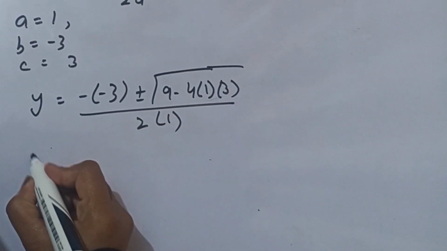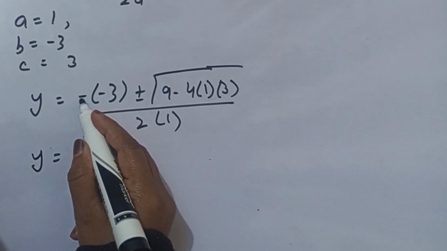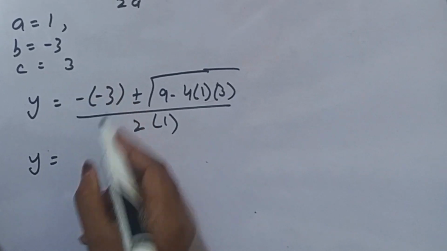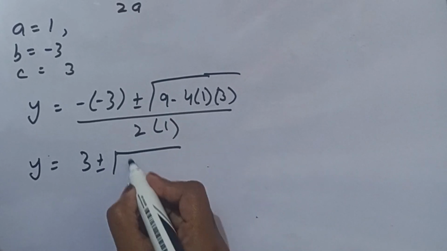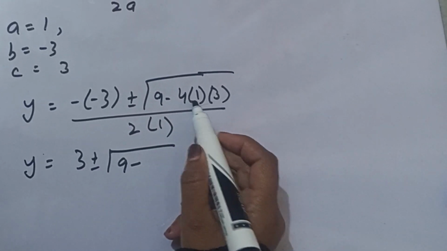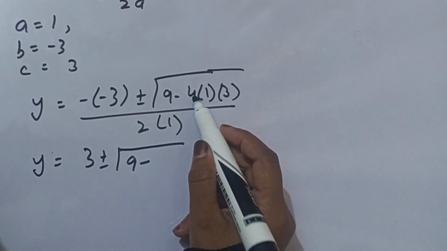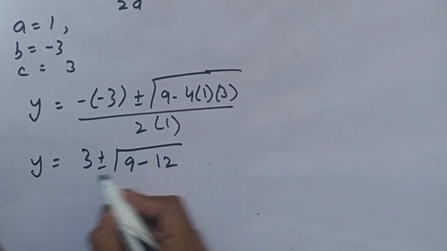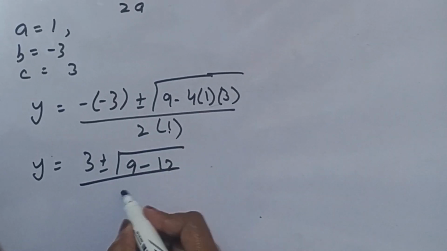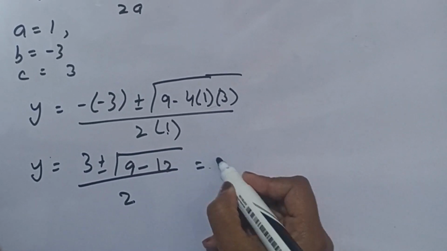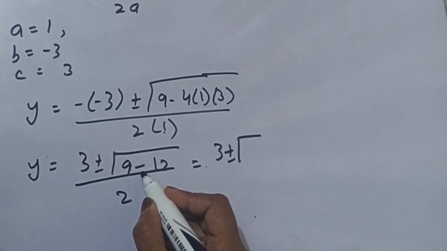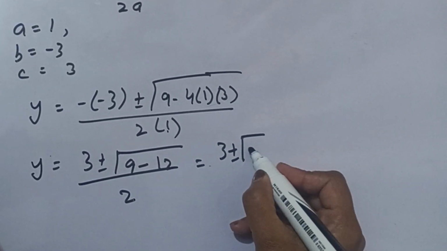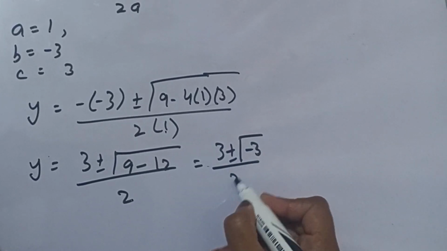Now we simplify this, so y is equal to minus and minus will become positive, so this is positive 3 plus minus square root of 9 minus, multiply 4 by 1 we get 4, multiply 4 by 3 we get 12, over 2 ones are 2. Now we simplify again: 3 plus minus square root of 9 minus 12, which is minus 3, over 2.